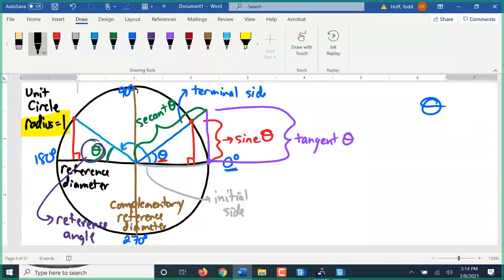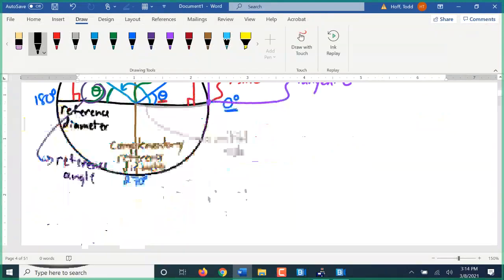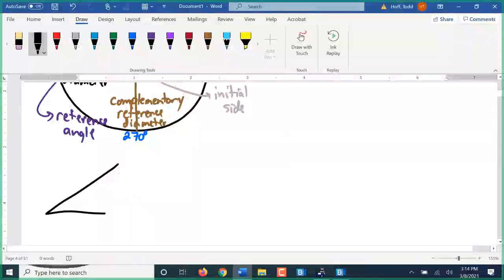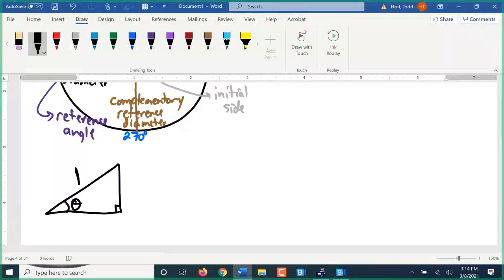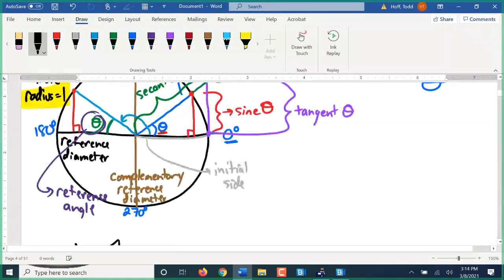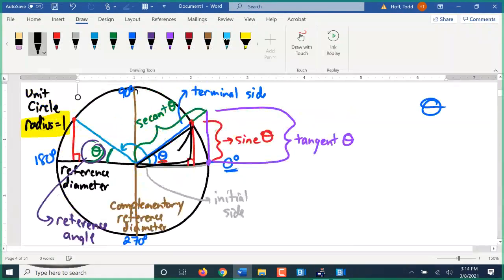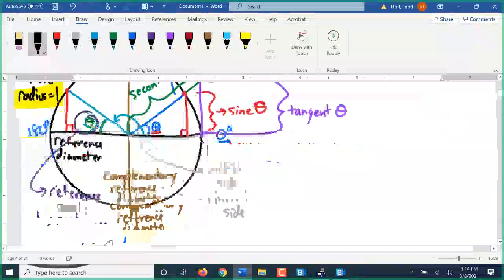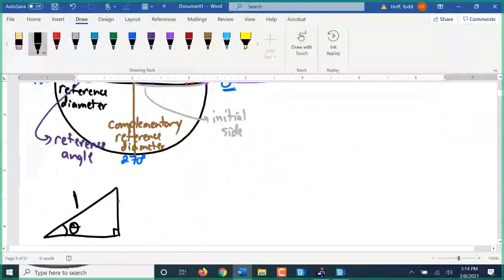So this creates two triangles for us. This first triangle, the angle is theta. This here was our radius. That would be this smaller one right in here that I'm talking about. That hypotenuse is our radius. This here is the sine of our angle theta.